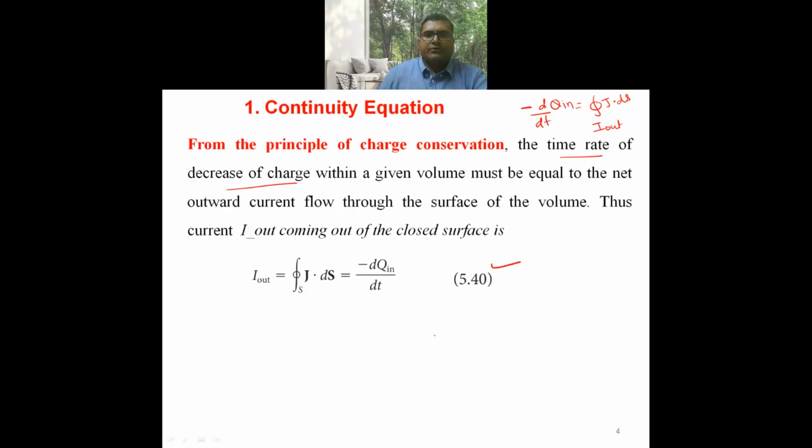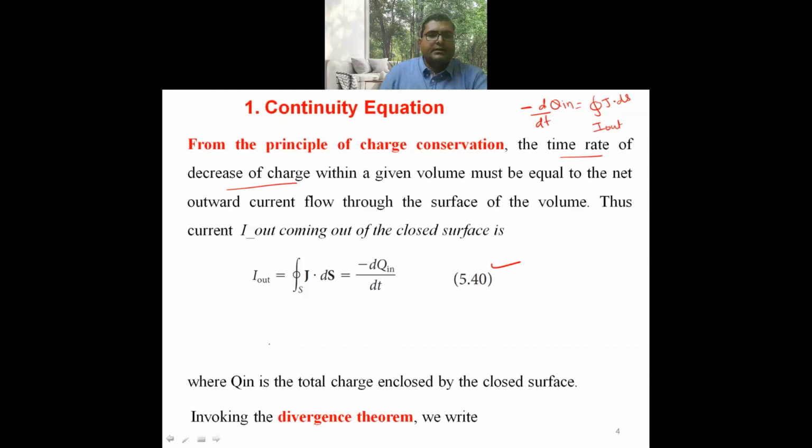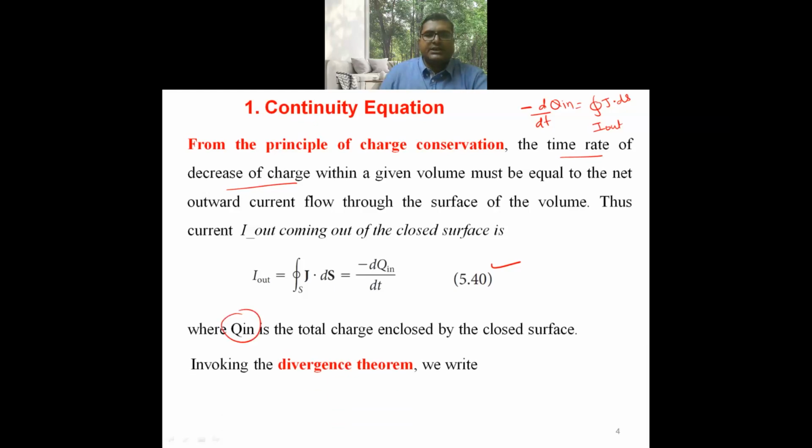It is given by equation 5.40. Here Q in is the total charge enclosed by the surface.